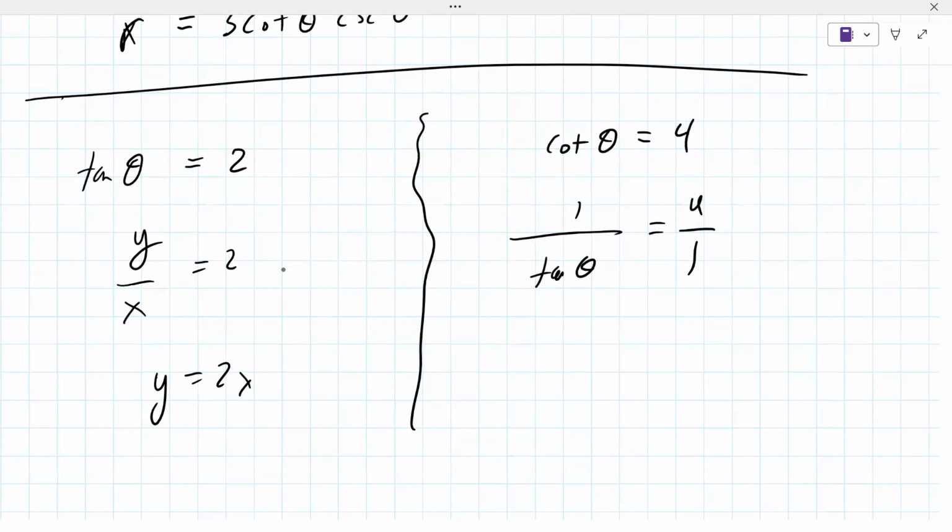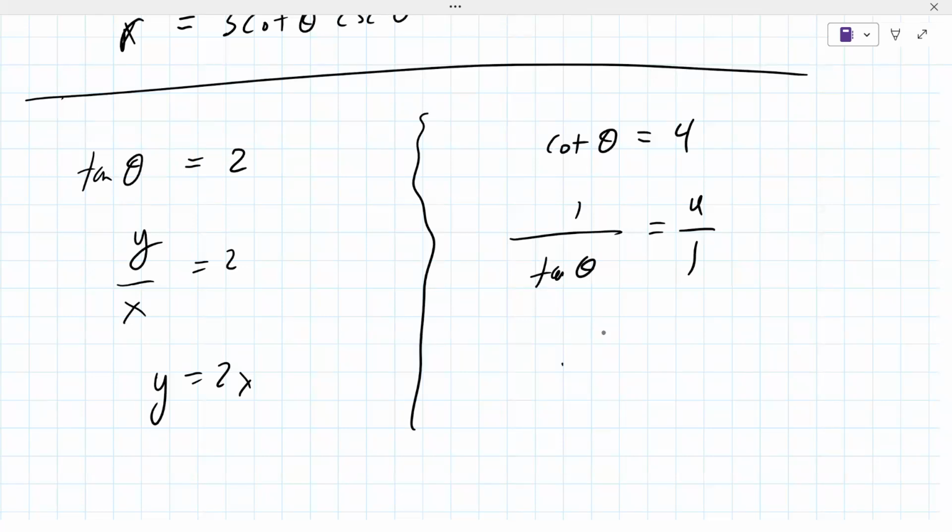So how could you use what we did in the previous problem to solve for y? It would be cosine over sine instead of sine over cosine.